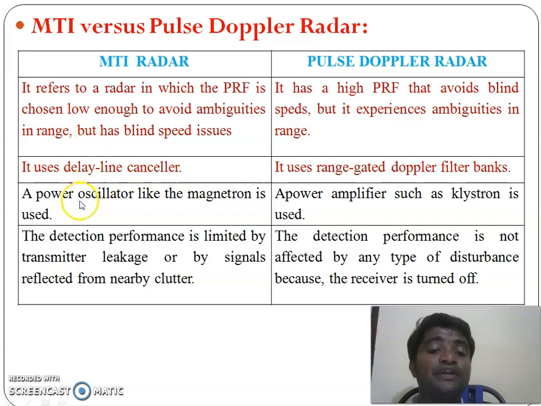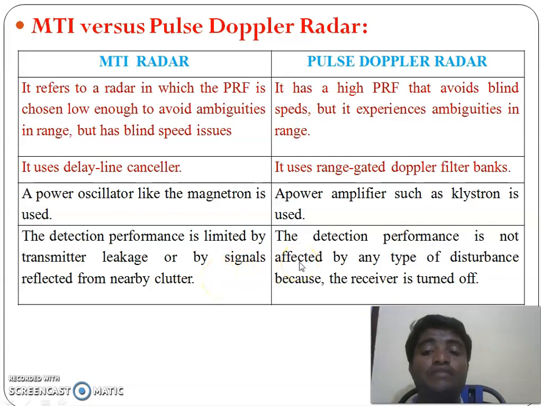In MTI radar, a power oscillator like a magnetron is used. In Pulse Doppler radar, a klystron is used. In MTI radar, the detection performance is limited by transmitter leakage or by signals reflected from nearby clutter.